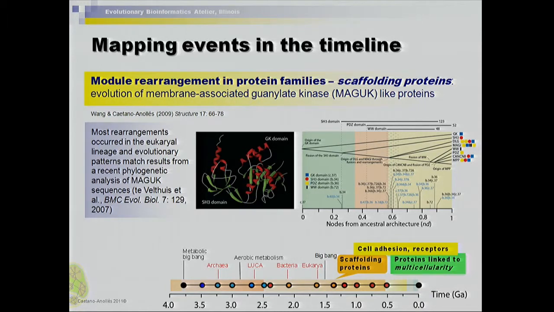So we mapped. There is incredible information in these trees because each of those architectures is linked to a number of functions. So depending on how you map this, you'll have a lot of information about evolutionary progression.